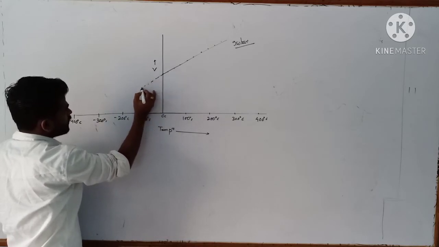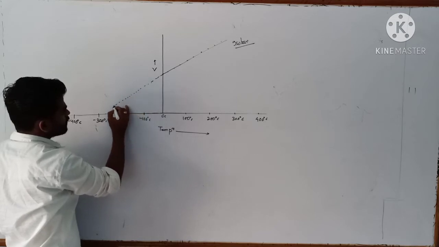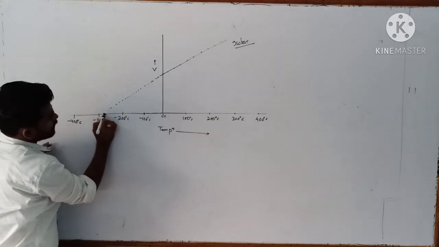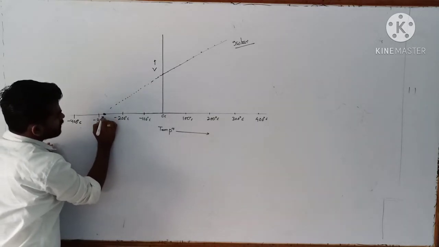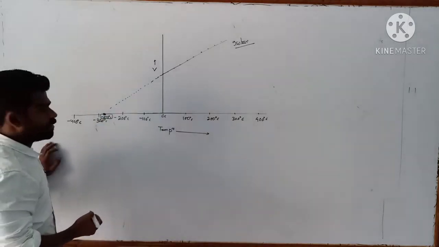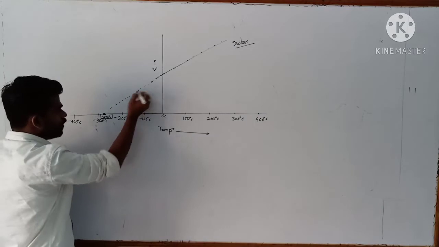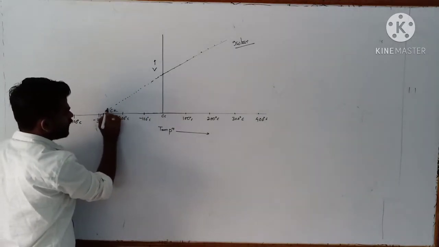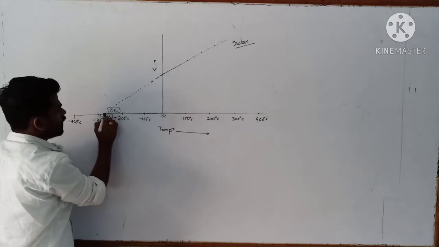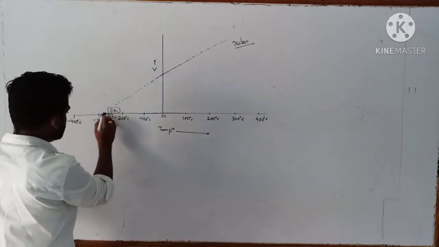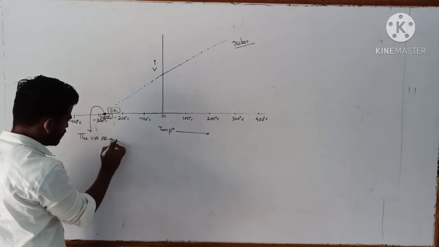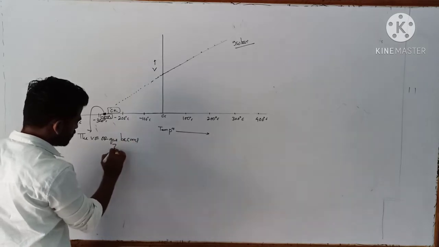So if I extrapolate this graph like this, it will touch this point. This point is minus 273 degree centigrade, where the volume of gas becomes 0, or it is called 0 Kelvin. This is called absolute 0, where the volume of gas becomes 0.